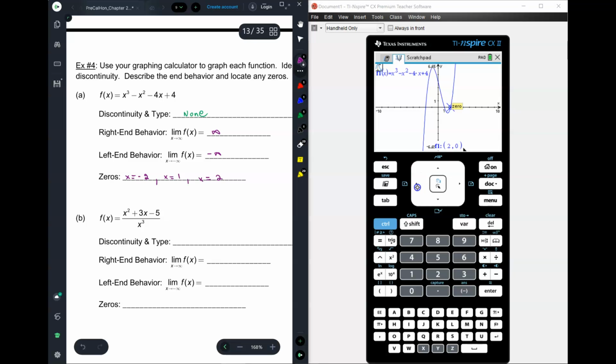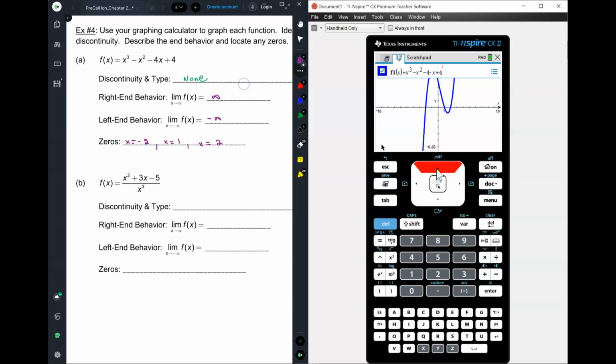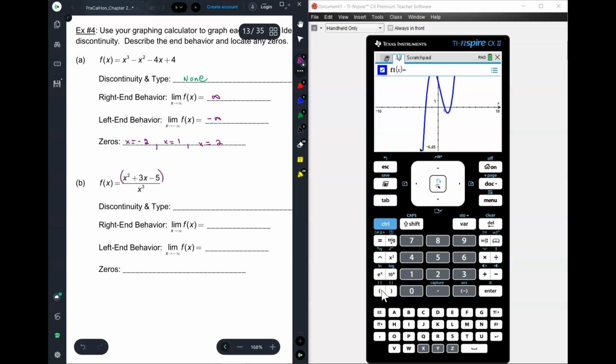All right. Now let's put in the next graph. Tab, press the up arrow. To delete this, all I need to do is do Control Delete. I need to put parentheses around the numerator for this one.